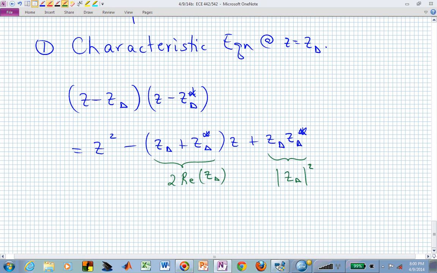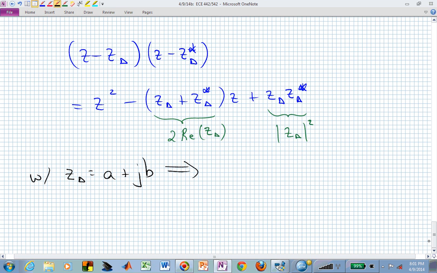Now, we just said that we were going to be labeling Z delta as A plus JB. Well, now we know what the real part of Z delta is. That's just A. And we know what the magnitude of that complex number is squared. That's just A squared plus B squared.